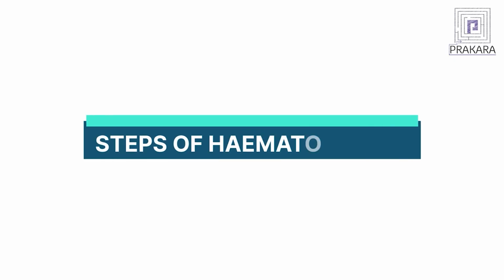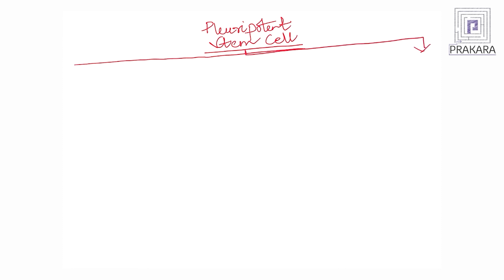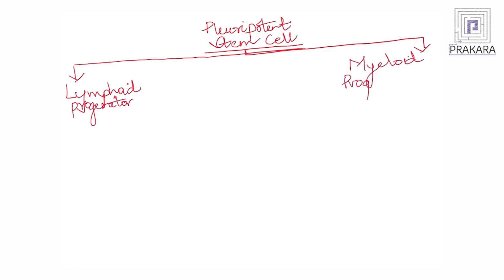The process of hematopoiesis always begins with a pluripotent stem cell. Pluripotent means capable of many functions. Now, this pluripotent stem cell can give rise to the lymphoid progenitor and the myeloid progenitor line.